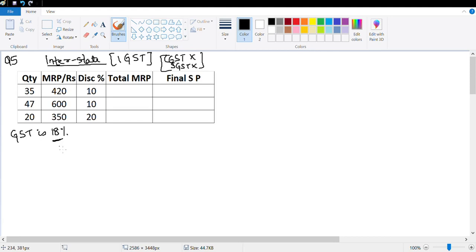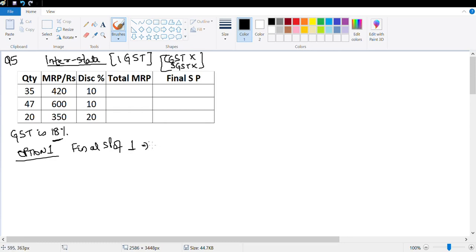So we have quantity. This question has not just one MRP, you're looking at total quantity. So we will need more calculations: calculating total MRP and then calculating discount. I have two options possible. Quantity is given, MRP of each item is given, the discount percentage is given. Option 1 is I calculate the final SP of 1.